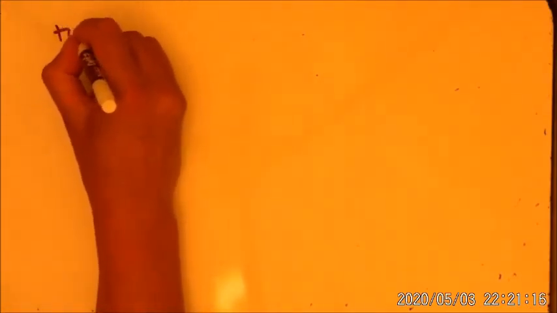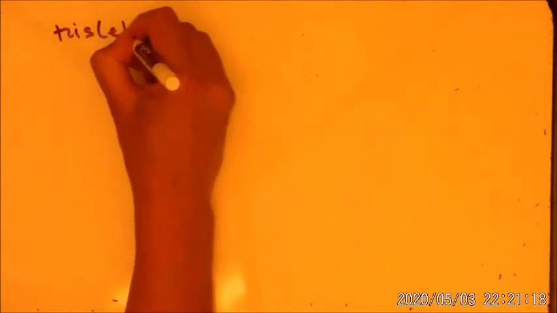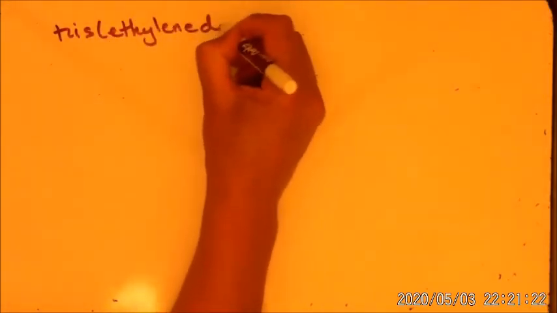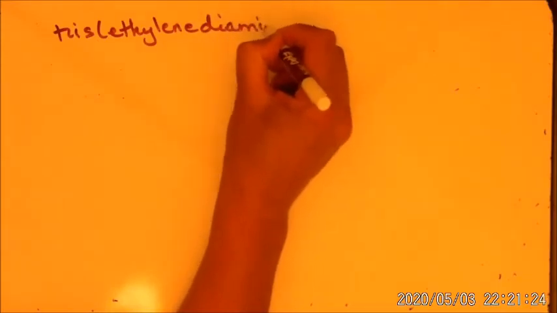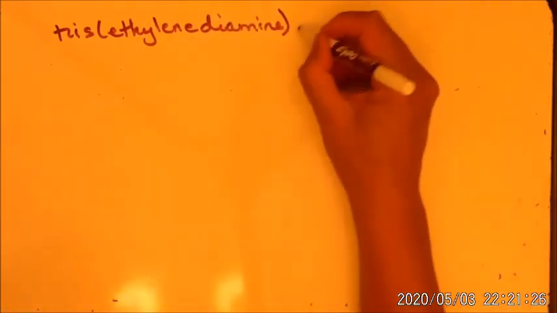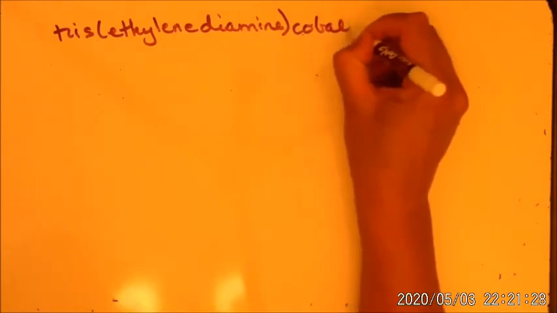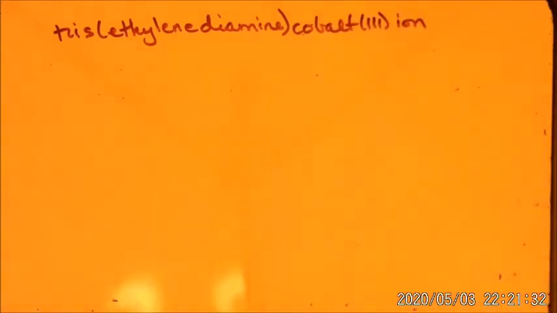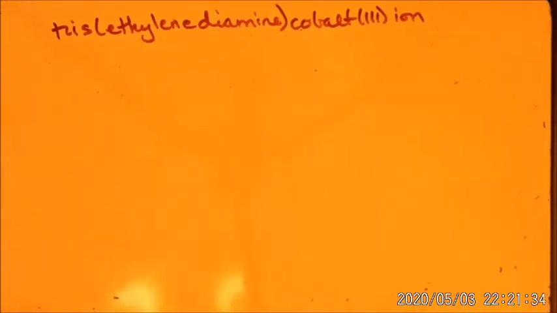So we're going to take cobalt again, so it'll be tris(ethylenediamine)cobalt(III) ion. Okay, so let's take a look.